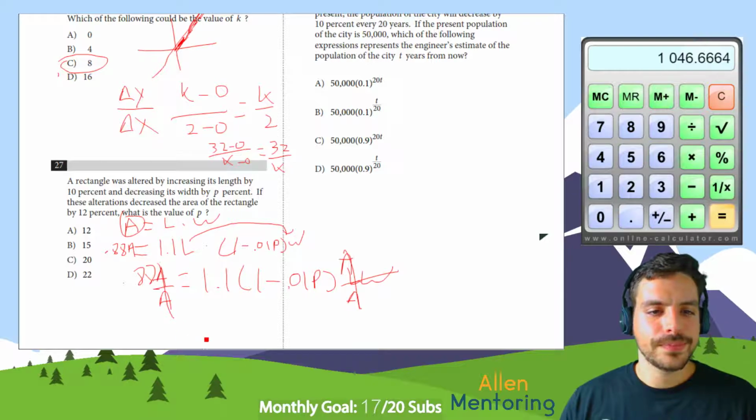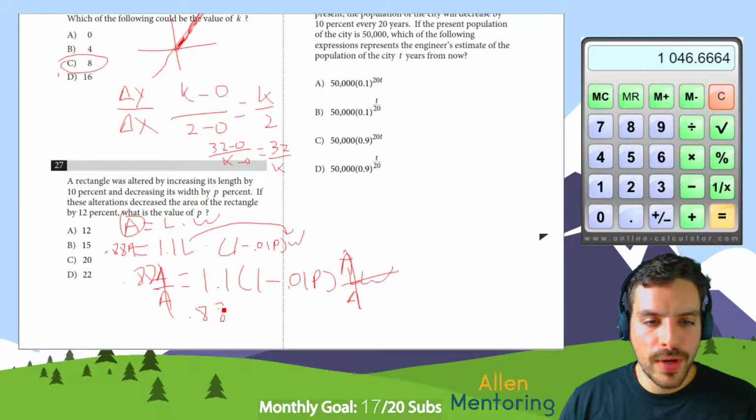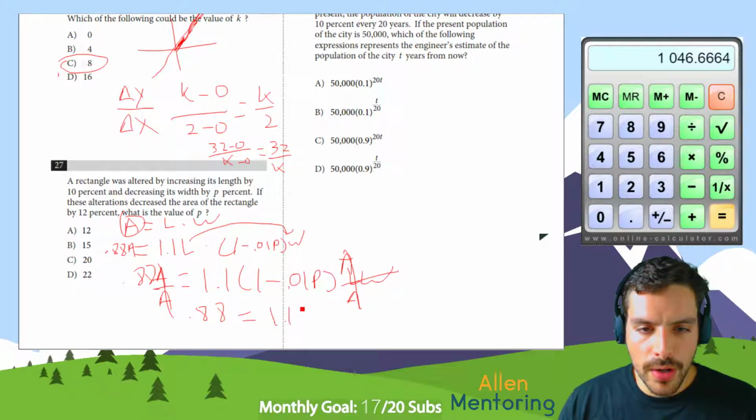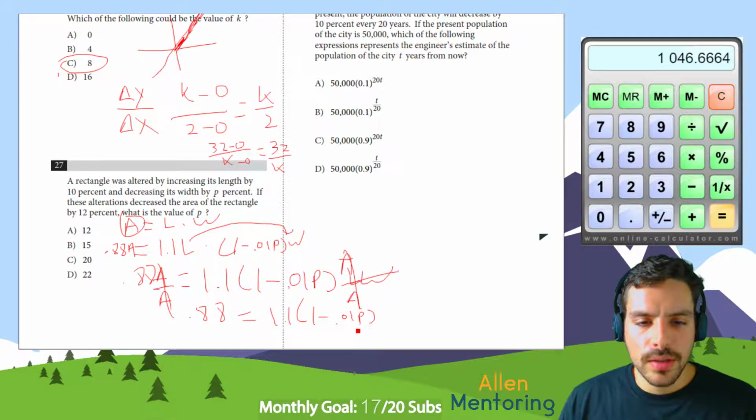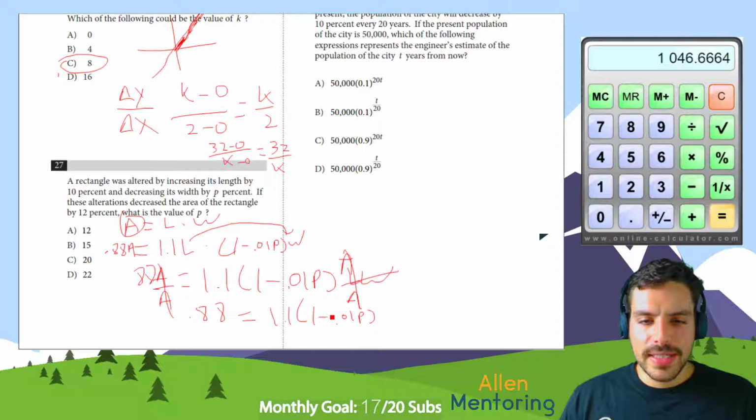Bam, bam. So now we have 0.88 is equal to 1.1 times 1 minus 0.01p. Okay, I hope that makes sense.